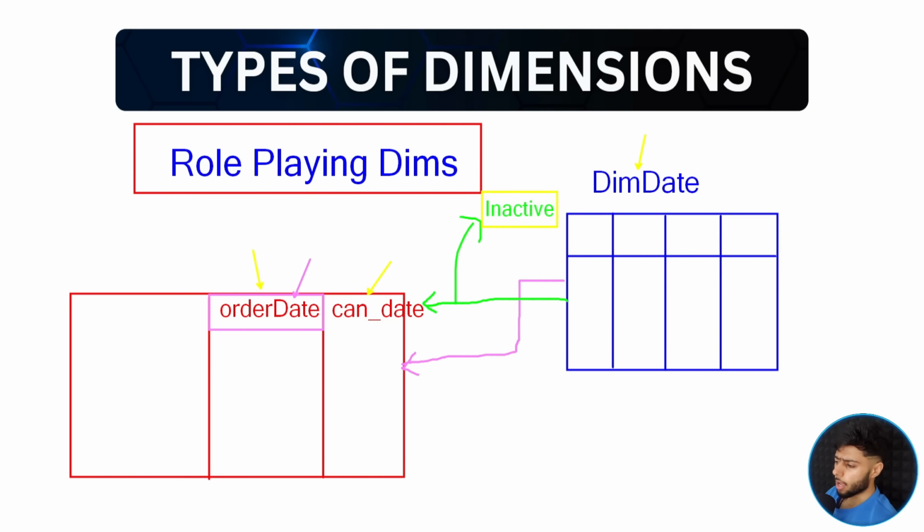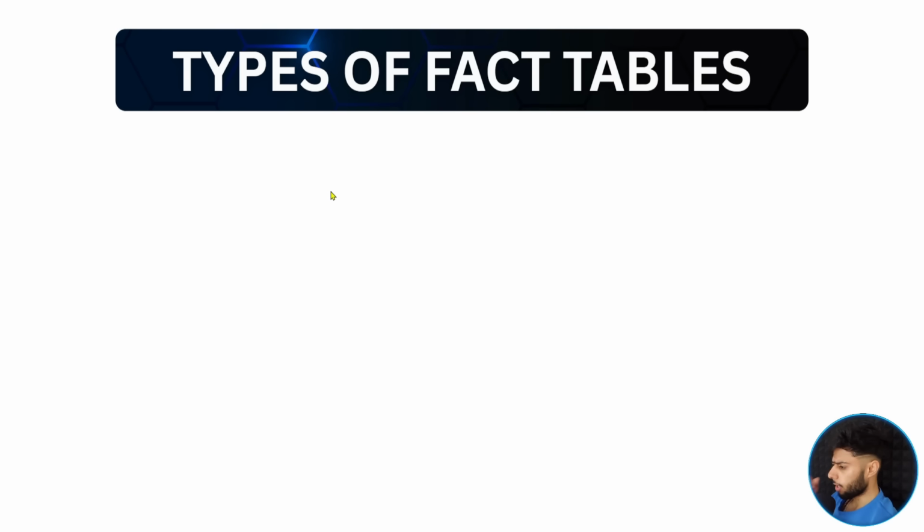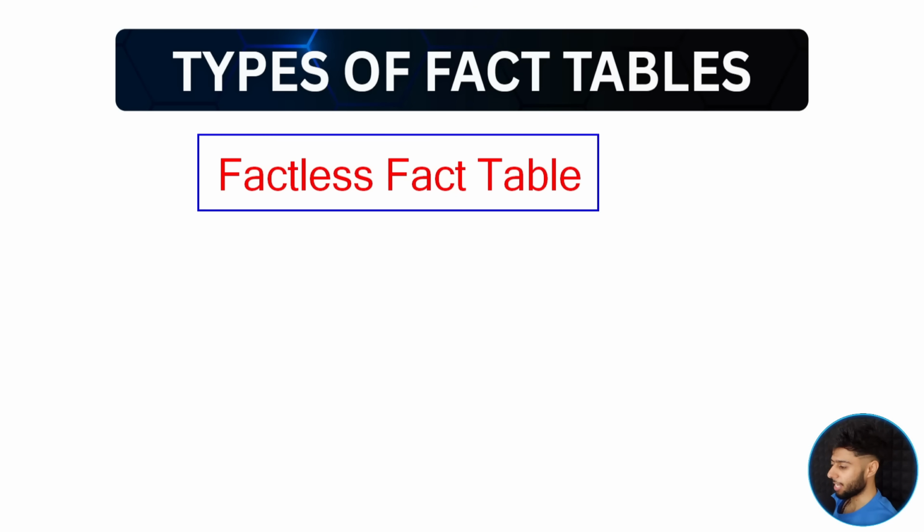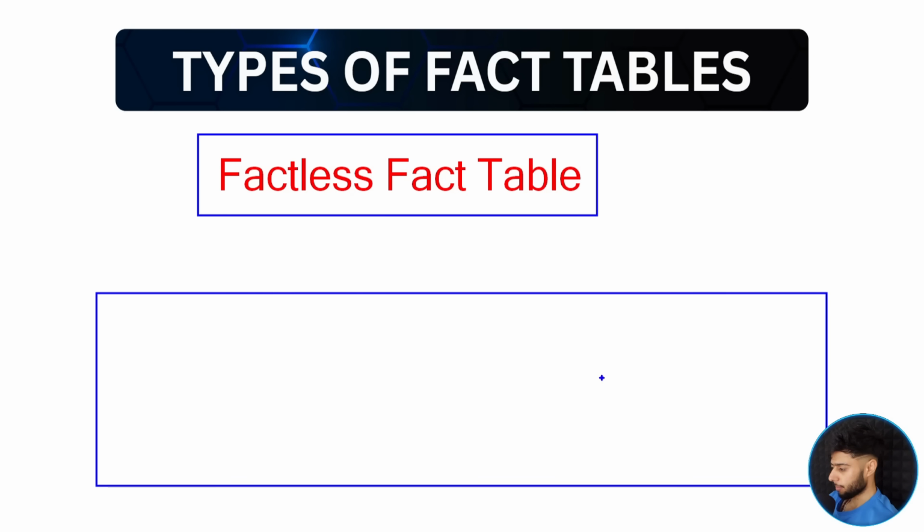Very good. Now I forgot to mention one important type of fact table, which is called the factless fact table, and it is very popular. You will say, what is this factless fact table? Any guesses? It is when your table does not have any numeric column.